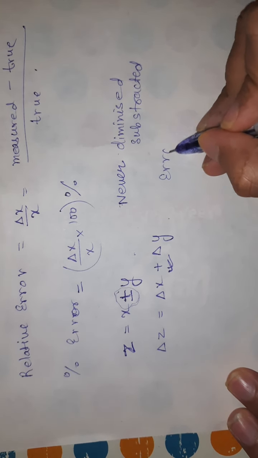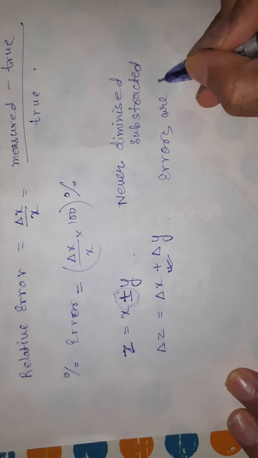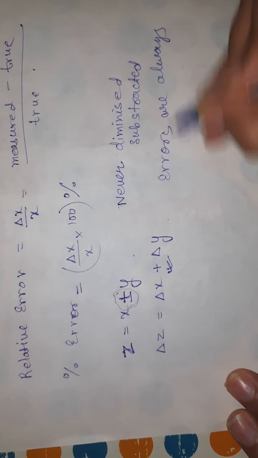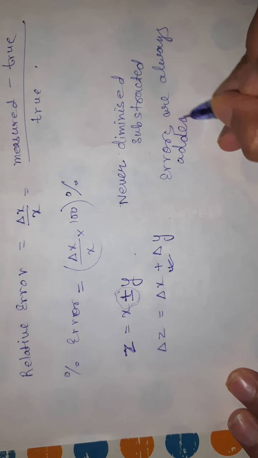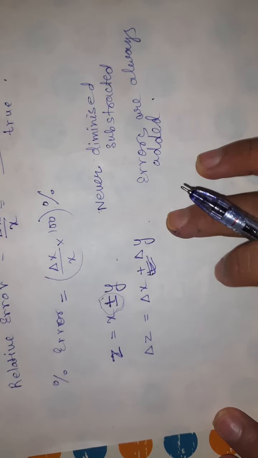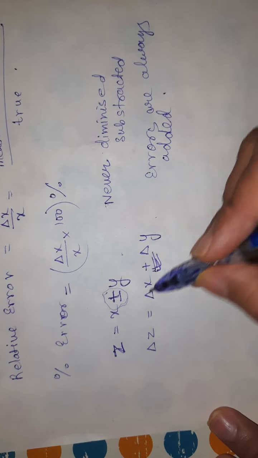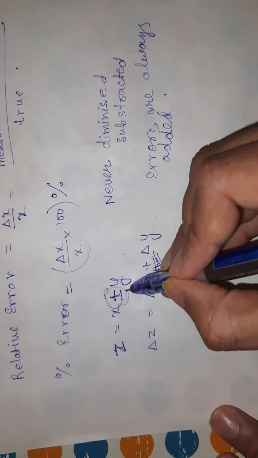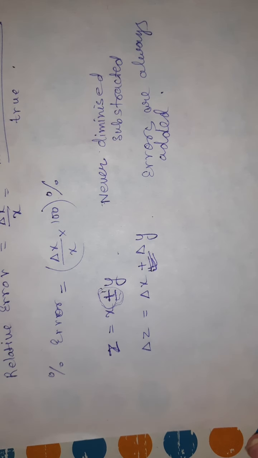Errors are always added. So if you get any negative sign in your way, please remove it and write only a positive sign. This is the case where there is a plus or minus sign between two variables.